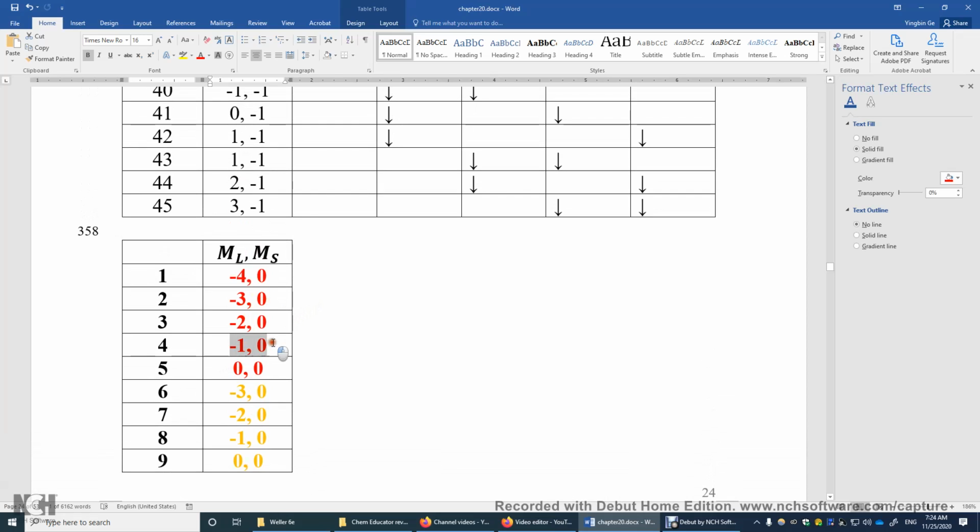Alright. You may ask, there is negative 1, 0, and also there's negative 1, 0. Which one should you pick? It does not matter. Just pick any one. So you can color this red, but then you need to color this yellow. It doesn't matter. Why? This way of grouping microstates does not really have a physical meaning.